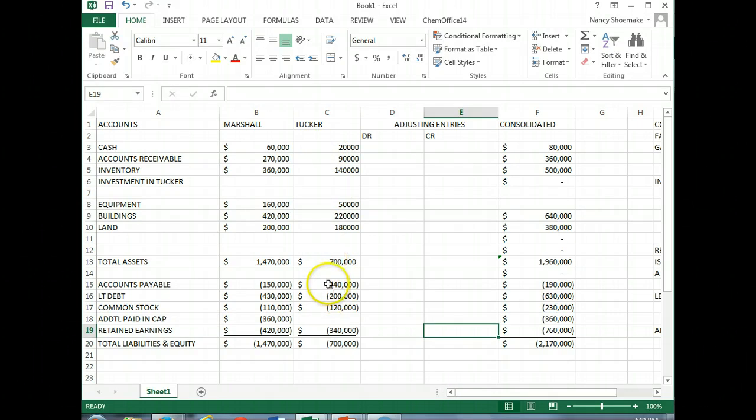Do you see what I'm saying? Book value, assets minus liabilities, or stockholders' equity. So that should be the 700,000 minus the 240 gives us what?